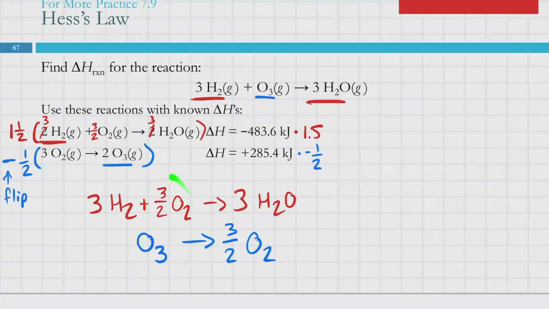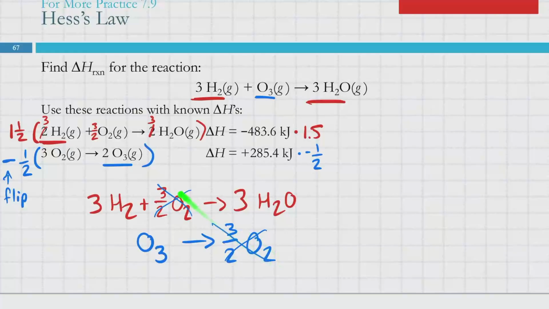And then to get the oxygens to cancel, we've got 3 halves O2 on the reactant side, we've got 3 halves O2 on the product side. So we can cross those out. If we're thinking about it stepwise, our O3 would turn into O2s, which then reacts and goes on to H2O.